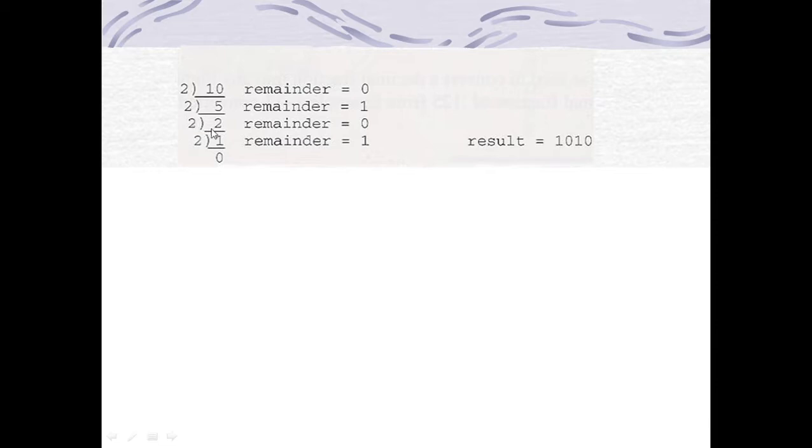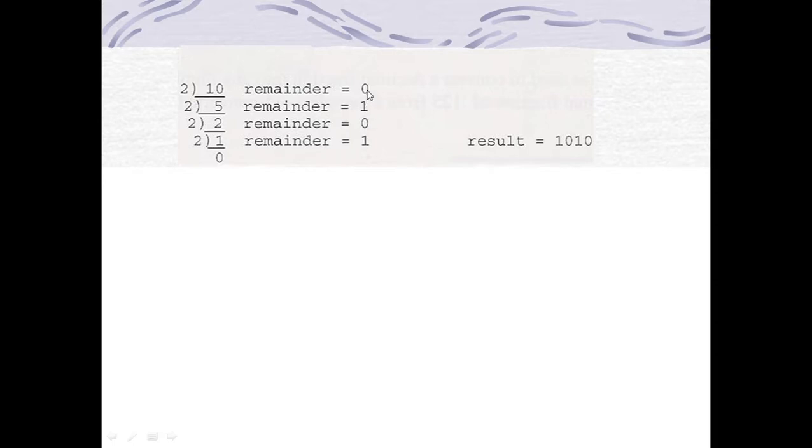We divide by 2, so we get 1 as the quotient, and the remainder is 0. 1 is again not 0, so we continue the division. So 0 is the next quotient, and we get this remainder. We eventually got the 0 quotient, so we stop the division.